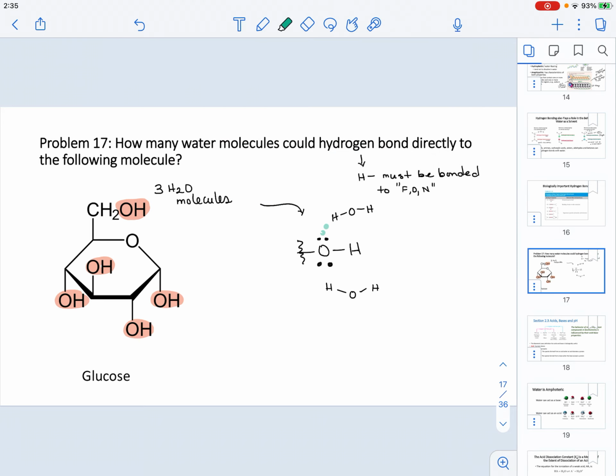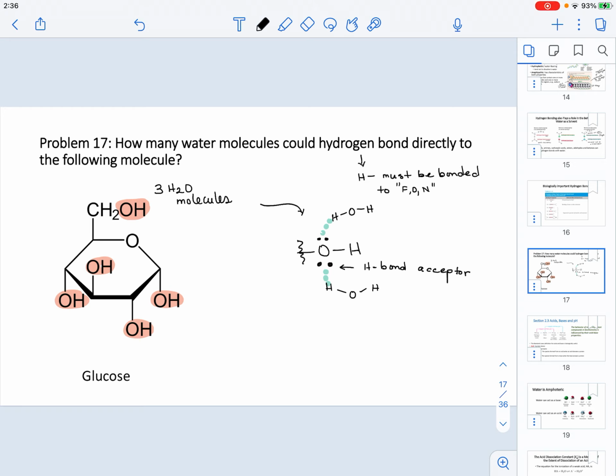I'm just going to write these dotted lines. So these are the interactions of the oxygen atom in the hydroxy group with the water. So as you can see, that oxygen atom is going to be acting as a hydrogen bond acceptor. Okay.